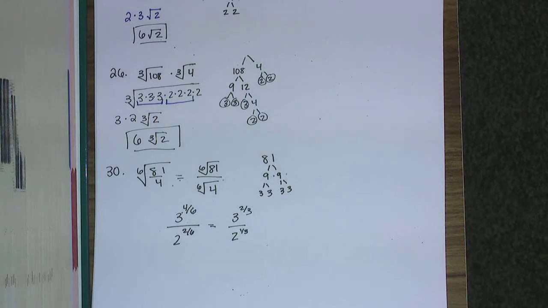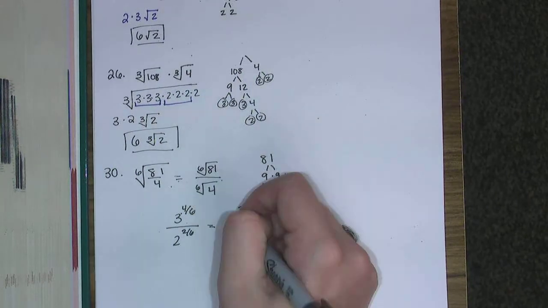I could go up and make a common denominator and do some stuff with that, but the bases aren't the same, so I would say get here and call it a day. That's as simplified down as you can really go with it at this point.